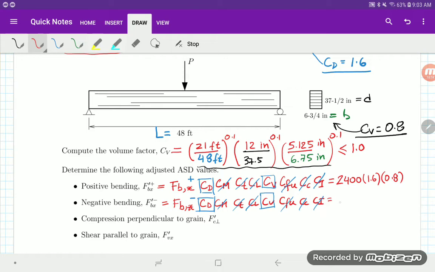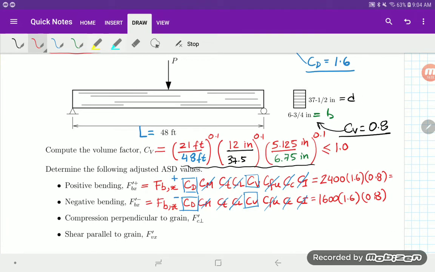For the negative bending, if you go back to the table, that's 1600 psi, 1.6 for CD, and 0.8 for the C sub V. If you compute those numbers, I get 3072 psi for the positive, and 2048 psi for the negative bending adjusted values. So that's already the prime, the adjusted values here, right? Okay.